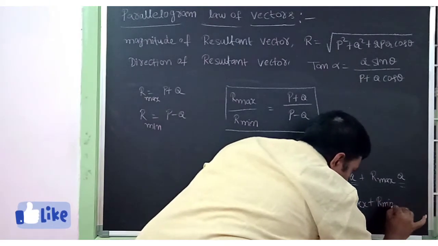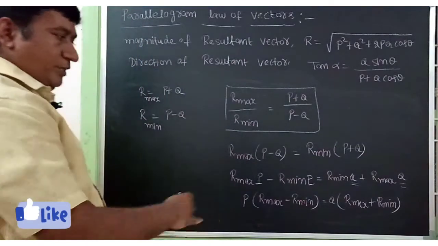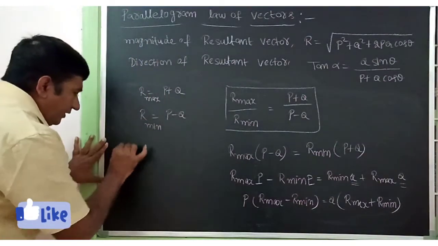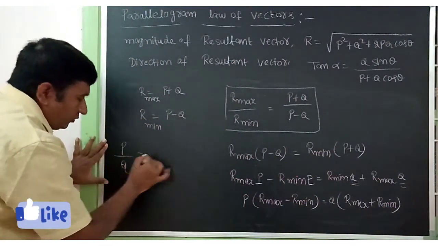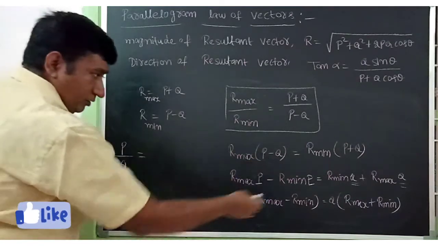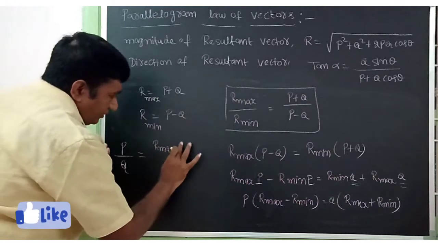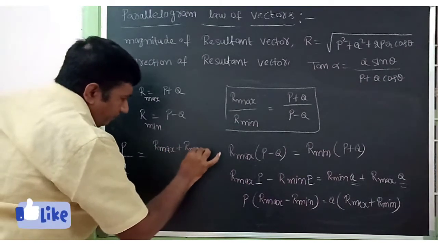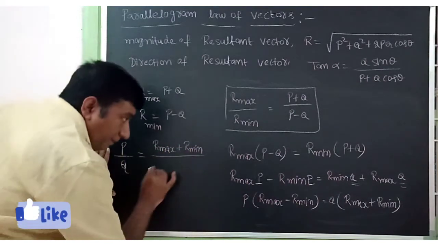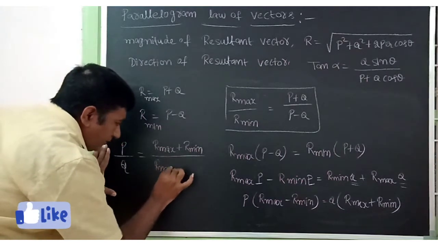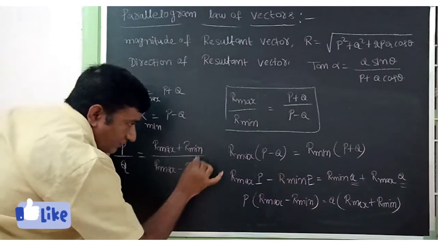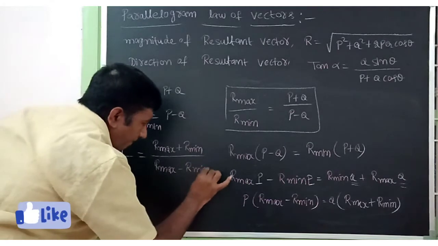So p by q is equal to R maximum plus R minimum by R maximum minus R minimum.